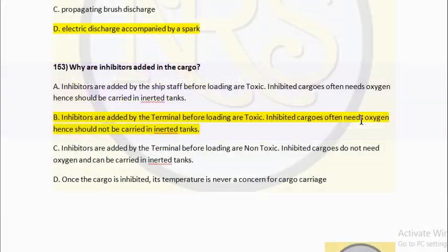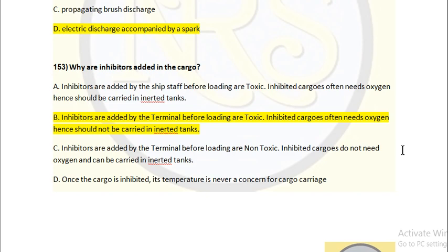Question number 153. Why are inhibitors added in the cargo? Option A. Inhibitors are added by the ship staff before loading and are toxic. The inhibited cargoes often need oxygen, hence should be carried in inerted tank. Option B. Inhibitors are added by the terminal before loading and are toxic.